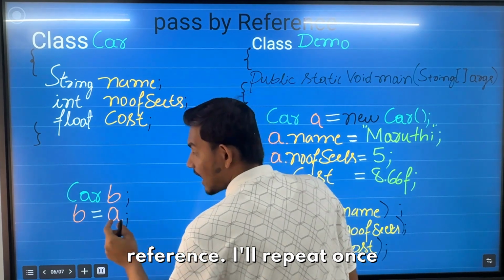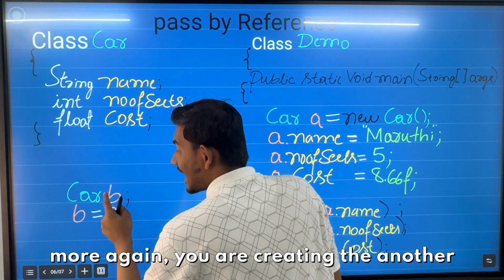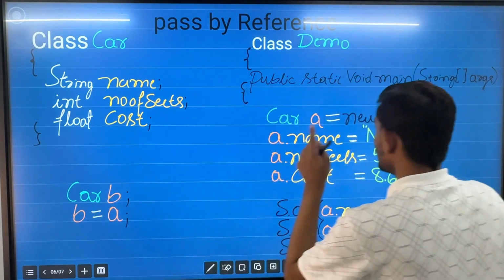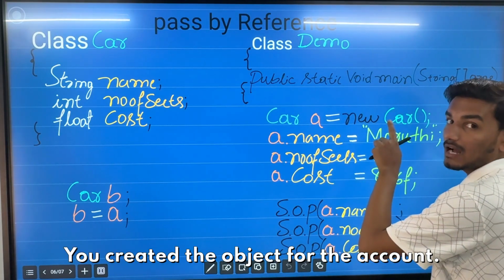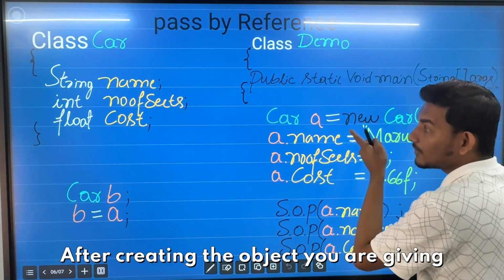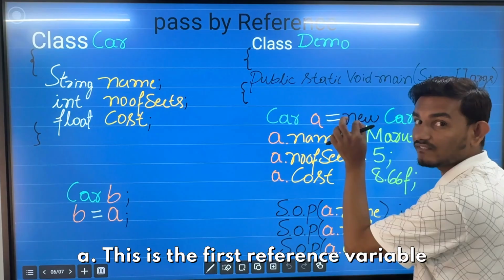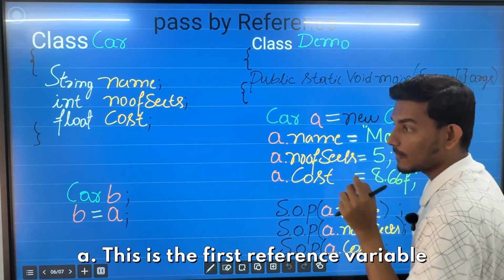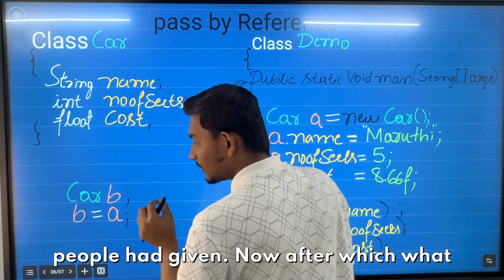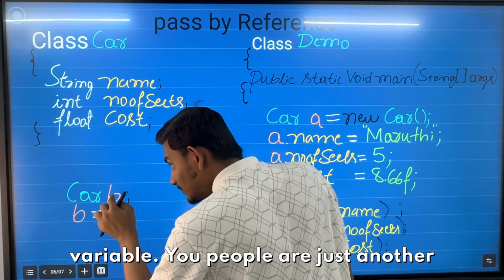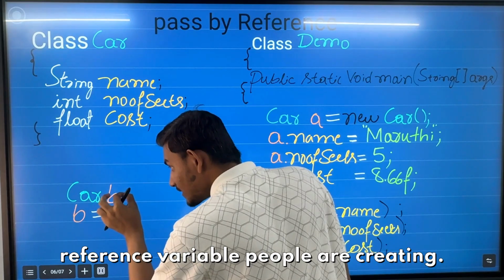I'll repeat once more. You are creating another reference variable called B. Guys, you created the object for the car. After creating the object, you gave one reference variable called car A. That is the first reference variable. After which, what are you doing? Car B, another reference variable you are creating.